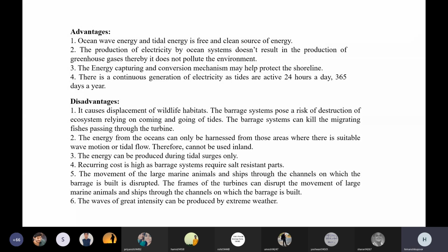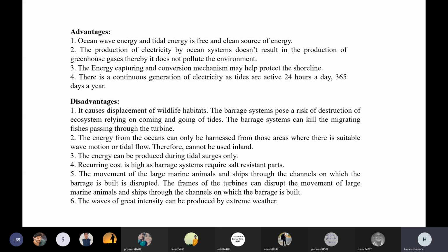And for the production of energy, the height of the tide should be optimum. And when we are talking about the ocean thermal energy, then we need to have a temperature gradient. So that is also a disadvantage, that the production of energy is dependent upon temperature and the tides.